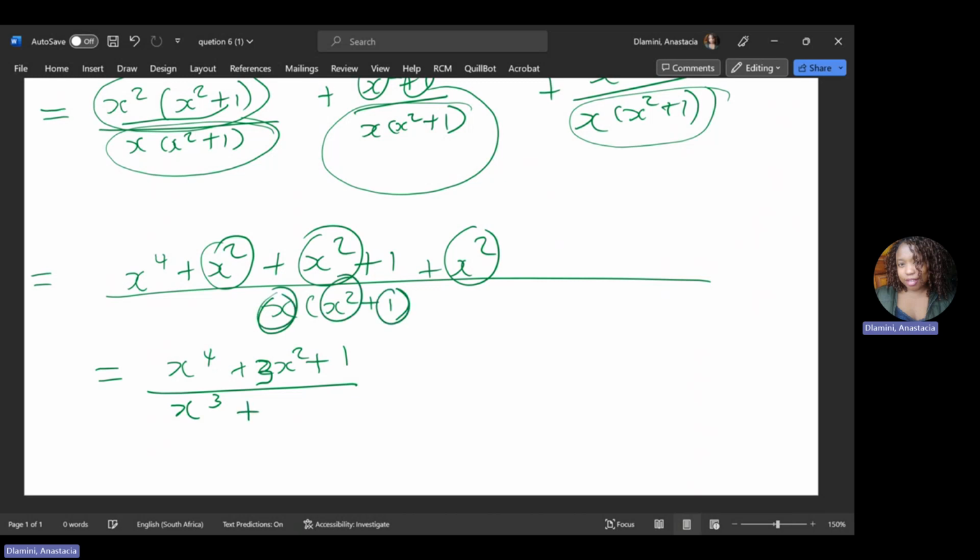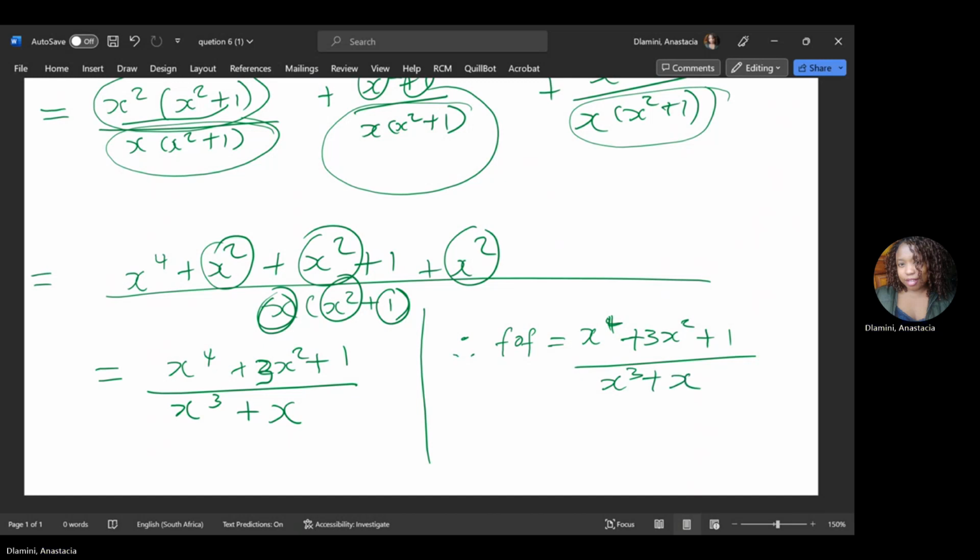So that is x to the power of 3 plus x. Therefore, the composition of f and f is equal to x to the power of 4 plus 3x squared plus 1 over x to the power of 3 plus x.